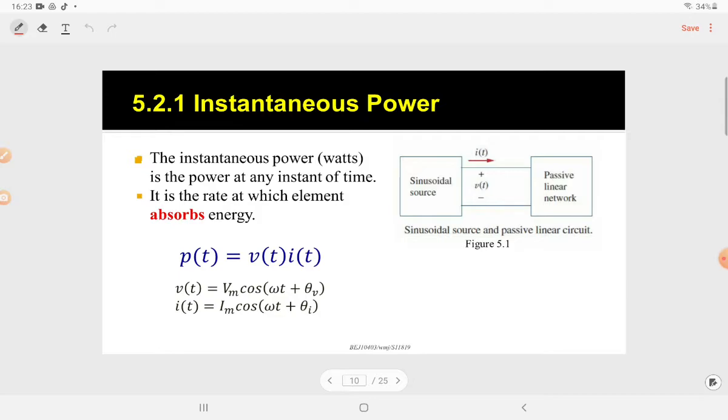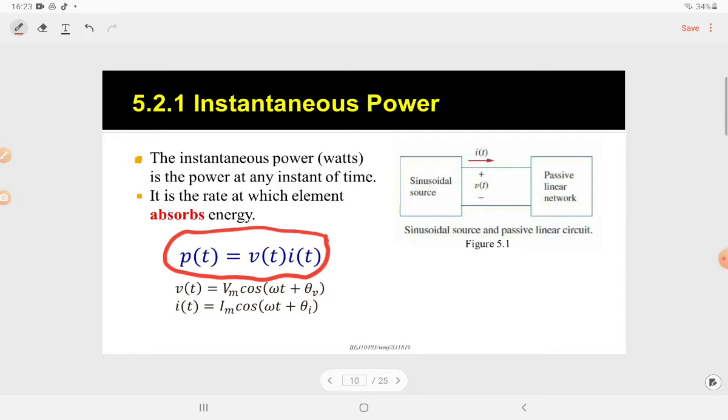The formula for instantaneous power is p(t) = v(t) times i(t). That means at any instant of time t, the values of the voltage and current give you the value of the power. That is instantaneous power.